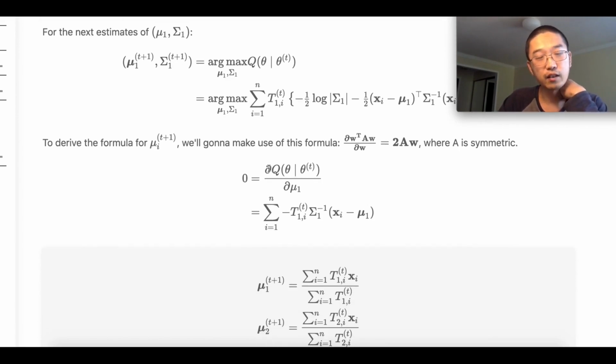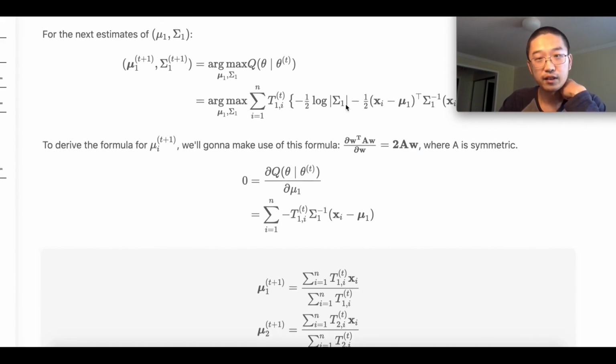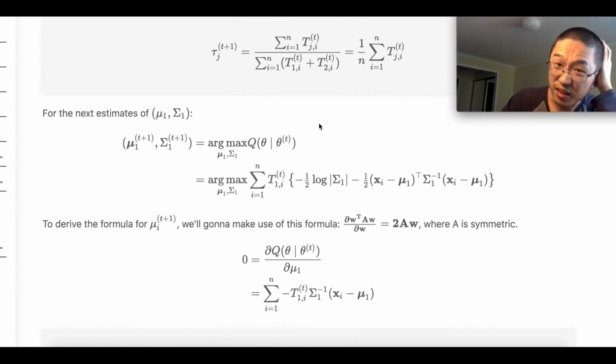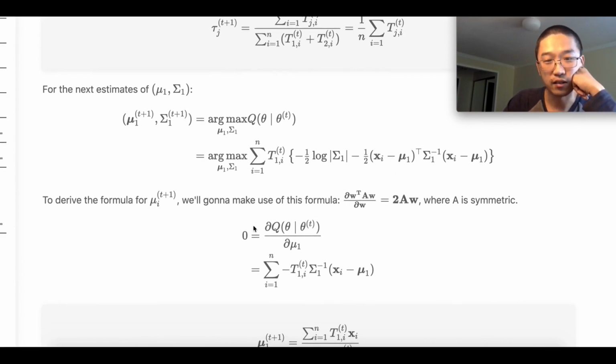So we take the partial derivative with respect to mu1, and by this formula we get this term, the minus 1 over t and 1 over 2 log of, and this quadratic form in mu1. We take the derivative and set it equal to 0.